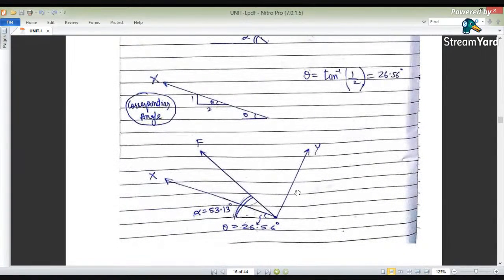That means we have calculated this small angle as theta, and this complete angle as 53.13. So this force F is making 53.13 with the horizontal, whereas the x axis is making an angle of 26.56.